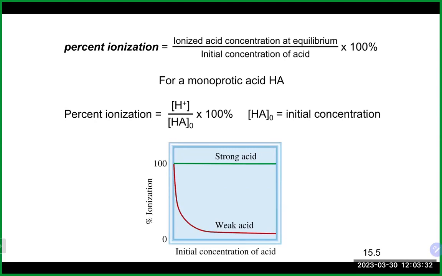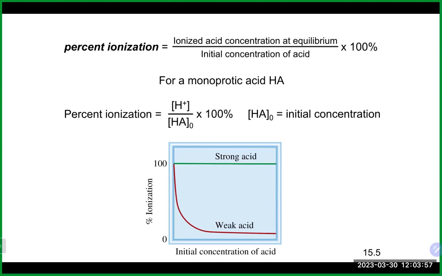Percent ionization is the ionized acid concentration at equilibrium divided by the initial concentration of the acid times 100. It is really the way that we check our assumption, which is what we just did. You take the H plus concentration divided by the initial concentration, and you times it by 100.